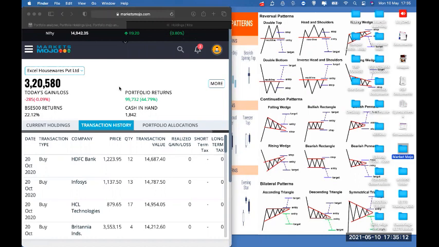Edit in the sense, see, it is never possible. Let me give you an example. Supposing they have asked you to buy at 1223.95. Okay, I'm giving you an example. But tomorrow morning the market opens positive, or the market opens negative, and you are lucky enough to get the stock at, say, 1198 rupees.